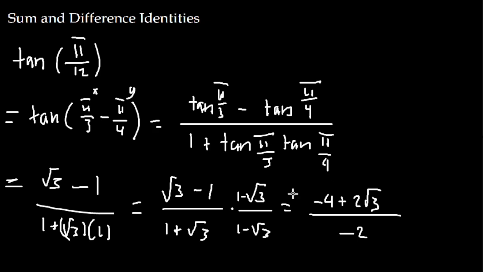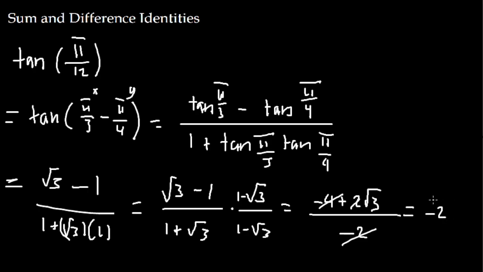Now, let us simplify this. Negative 4 divided by negative 2 will be negative 2. Then 2 divided by negative 2 is negative 1.